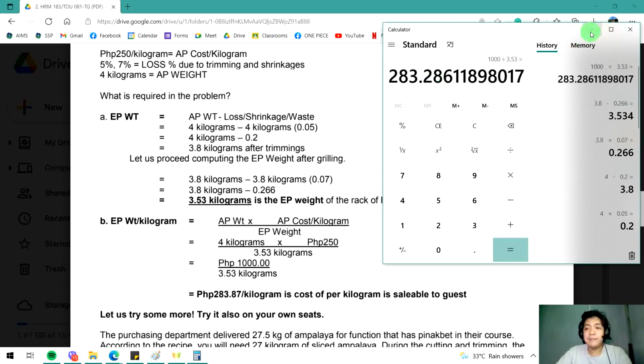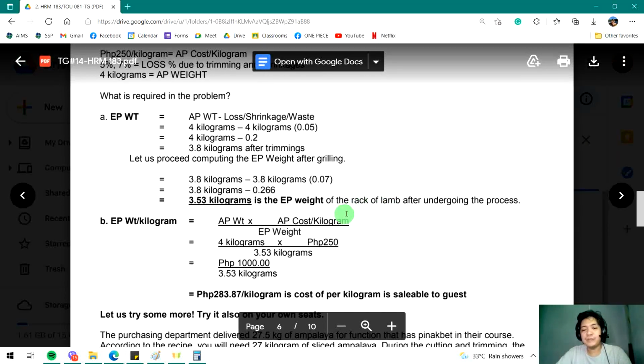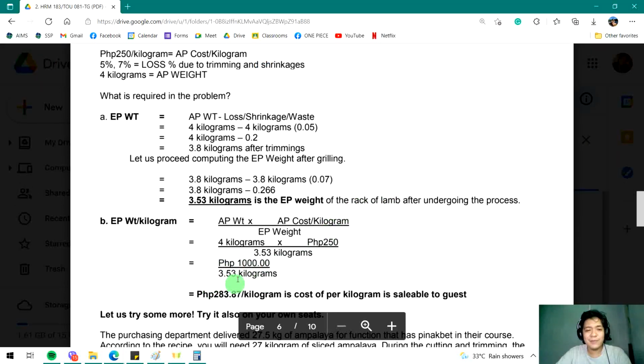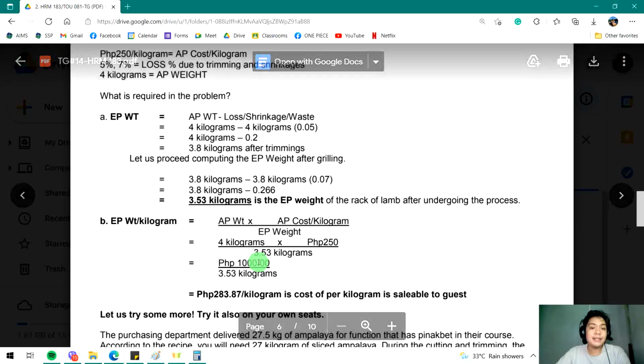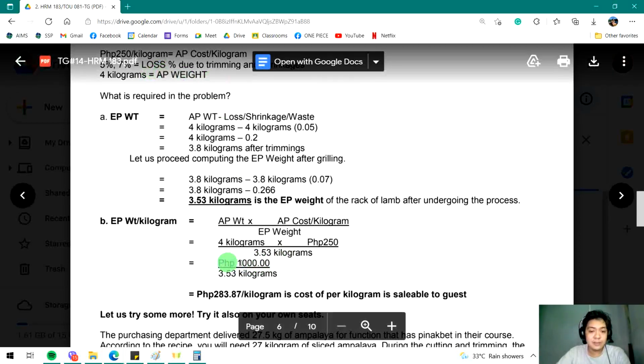Pero I hope you get the point, no? Meron na something na baka mamaya iba yung calculator na ginagamit niya na computation or what. Pero that is the point of the formula or the lesson. We have to first know kung magkano yung total na binayad natin in order for us to get the 4 kilograms. Ang total na binayad natin para makuha yung 4 kilograms or yung AP weight natin is 1,000 pesos.